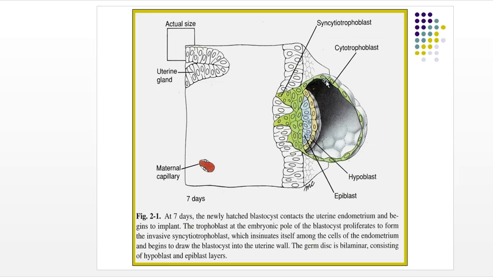The first layer that is made by the outer cell mass or trophoblast is named cytotrophoblast, and the cytotrophoblast does mitotic divisions and makes another layer that is named syncytiotrophoblast or syncytium.